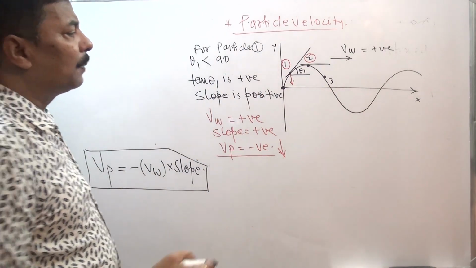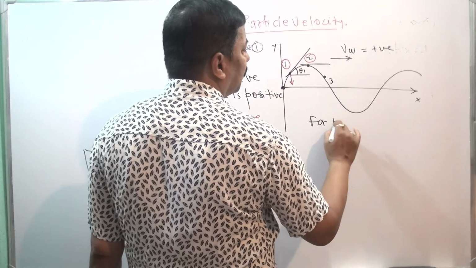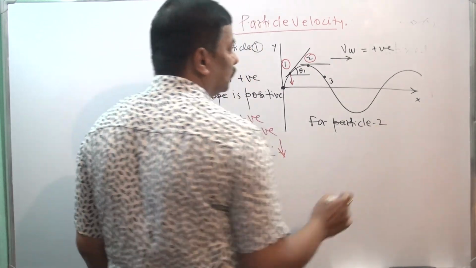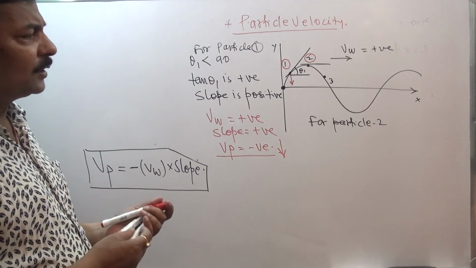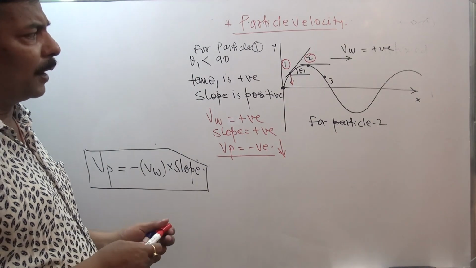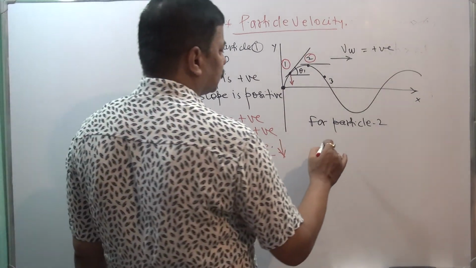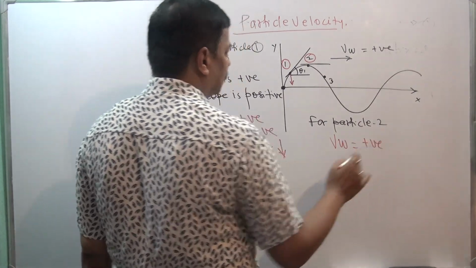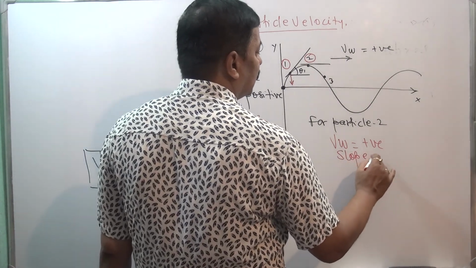Now I am talking about particle 2, and you can extend the relation to any of the particles. For particle 2, wave velocity is positive, slope is 0.